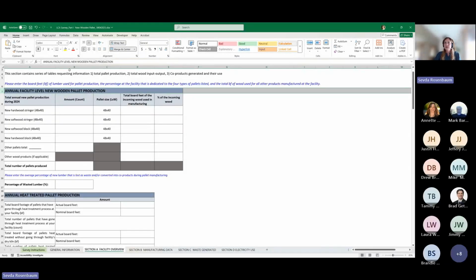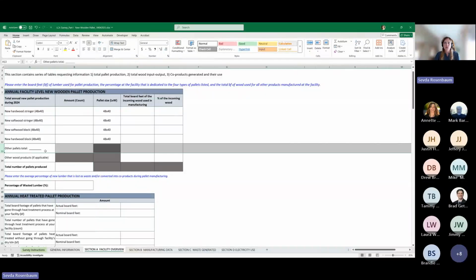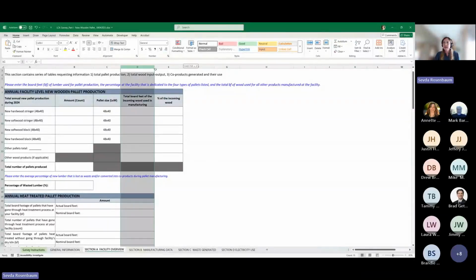Column B here asks the amount of pallets produced at the facility, including the four types that are the focus of the industry average study, but also including the rest of the pallets produced at your facility. And column D and E is asking the board feet of the incoming wood used to manufacture these specific pallets.